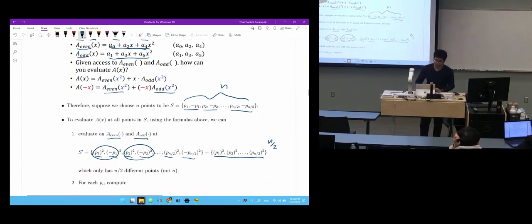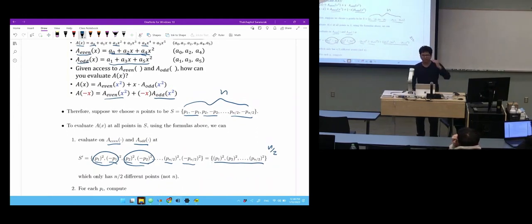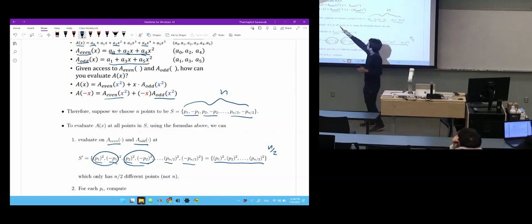So just to evaluate A at n many points, you just need to evaluate A even and A odd at n over 2 many points.